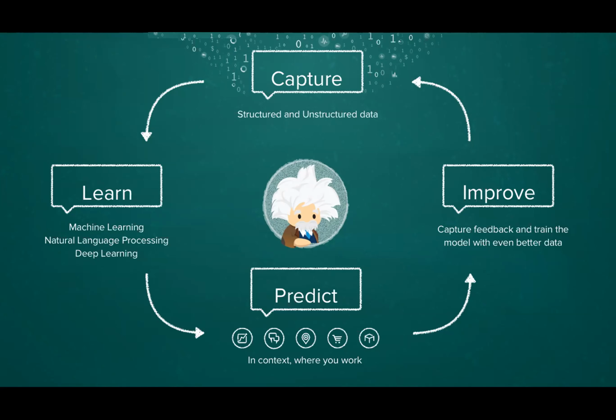With Einstein, we provide that prediction within the context of your everyday workflow. That's typically within your CRM, or you can embed it into another application. And finally, we want to capture feedback from predictions in order to refine and retrain that model with even better data.